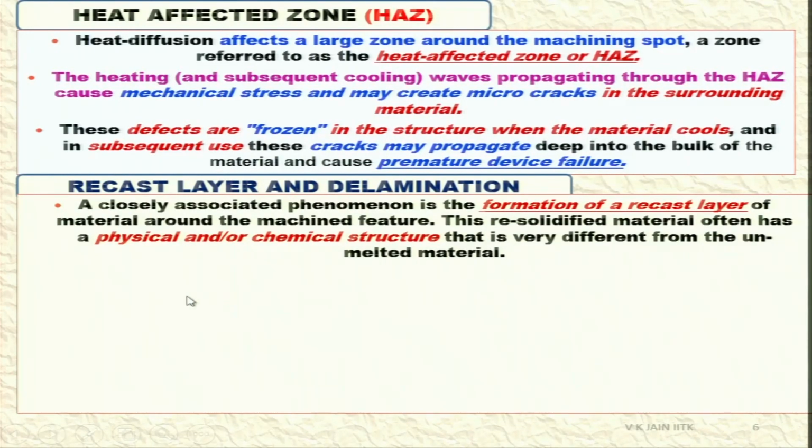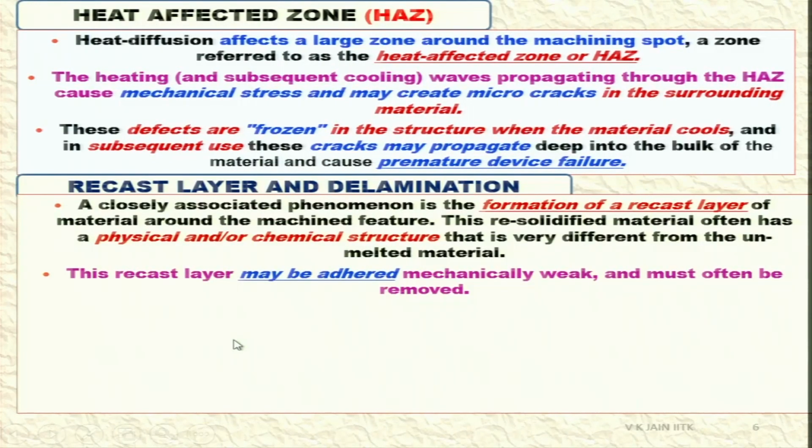This resolidified material often has a physical and or chemical structure that is very different from the unmelted material, and it also has very high hardness compared to the parent material. This recast layer may be adhered, mechanically weak, and must often be removed before putting the part in the assembly, sub-assembly, or making use of the component. This has to be removed.